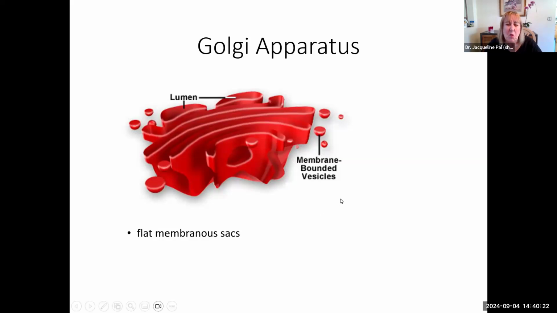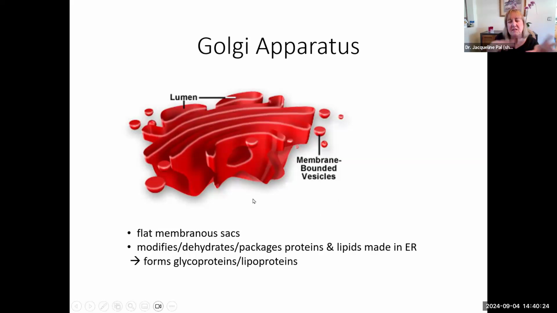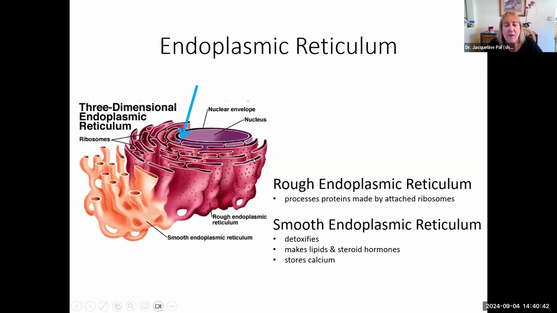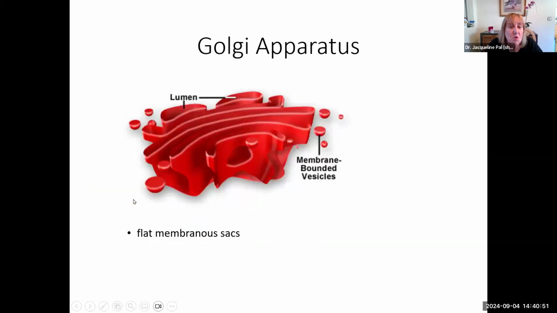It's kind of like a UPS center in that it is going to have incoming packages that it's going to modify. So think of a bunch of smaller packages coming in, and it's going to figure out, oh, these go together. So for instance, maybe it has a piece of rough ER that came in carrying proteins and a piece of smooth ER that came in carrying lipids.